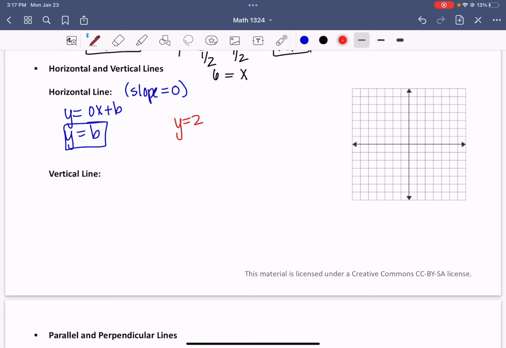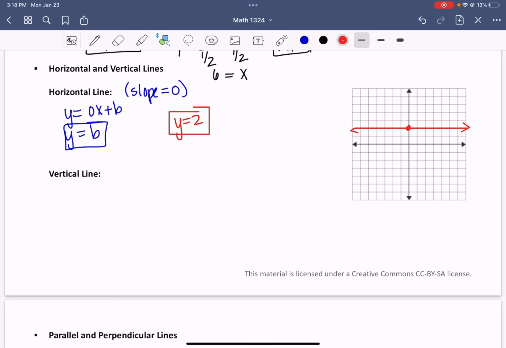Say, for example, we said, let's let y equal to 2. That means here's 2 on your y-axis, and then we could just draw a line through that value that's horizontal. You'll notice that the equation was y equals 2, and it ran perpendicular to your y-axis.